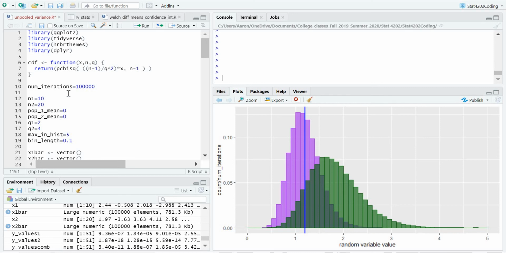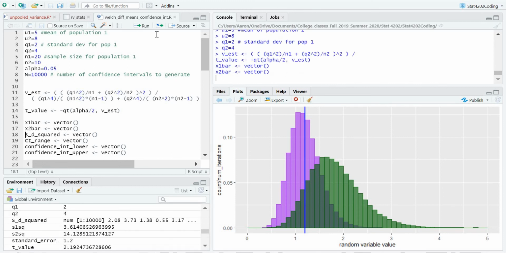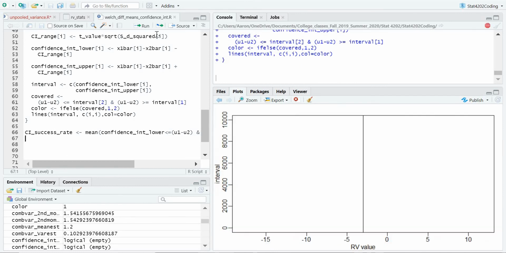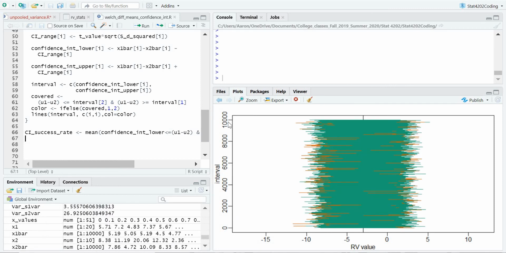In summary, the Welch's t-test is a very good way of building confidence intervals. Here's a quick program I made which shows that. You will see that here we're building a bunch of confidence intervals, I think 10,000 of them, and each confidence interval is a little line. This line here shows the true difference in means.